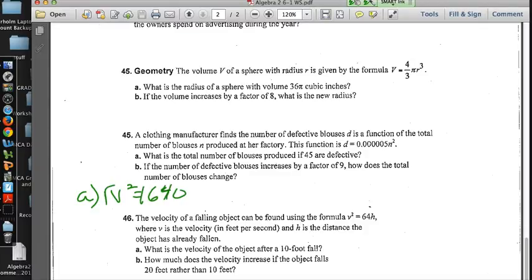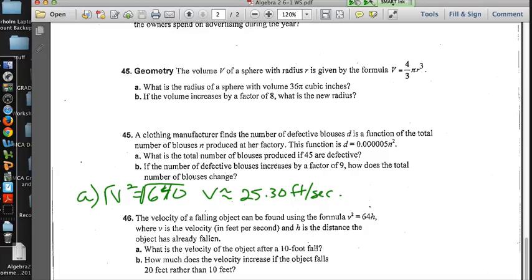You take the square root of both sides, and we get a velocity of approximately 25.30 feet per second.